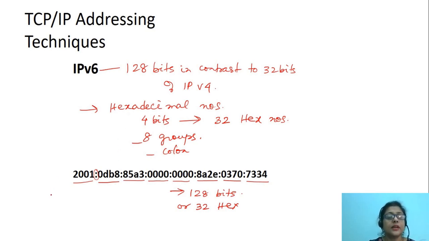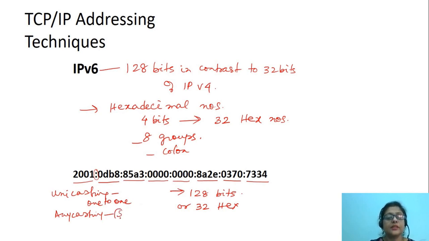In IPv6 addressing, we can use unicasting, which is one-to-one communication. We can use anycasting. Anycasting means that, in a group, the sender will send the data to any one of the devices.